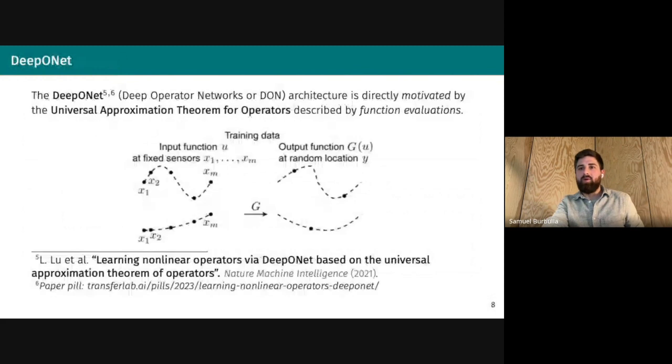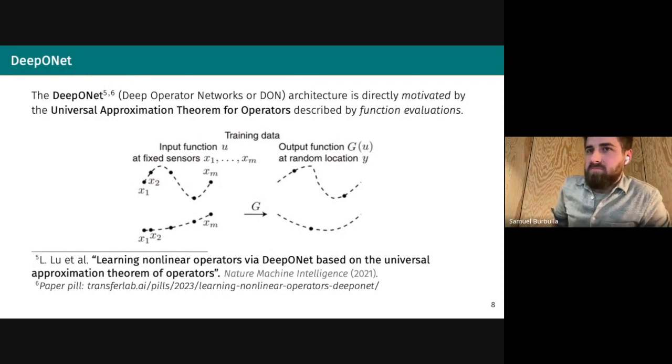So let's start with DeepONet, which was, as far as I know, the first architecture which proposed a concept like this. A DeepONet, which is short for Deep Operator Network, or in other papers cited as DON architecture, is directly motivated by the universal approximation theorem for operators.